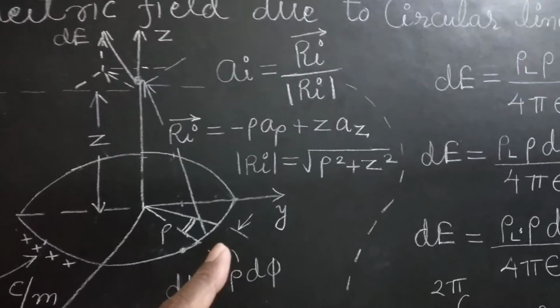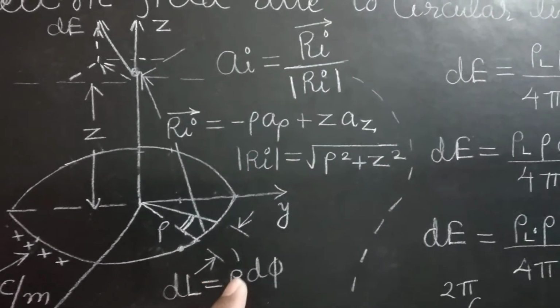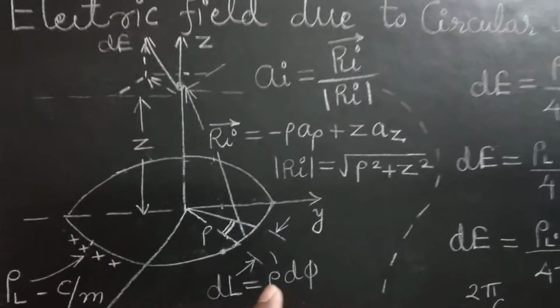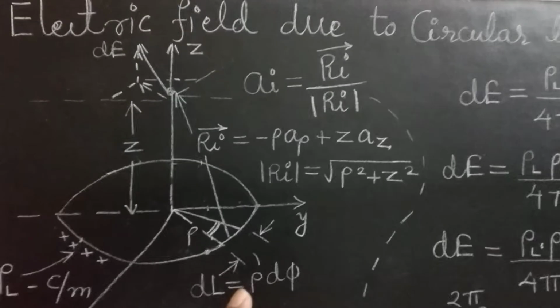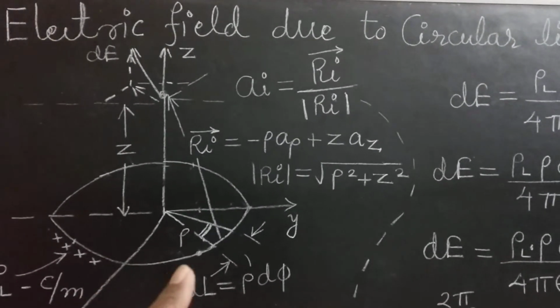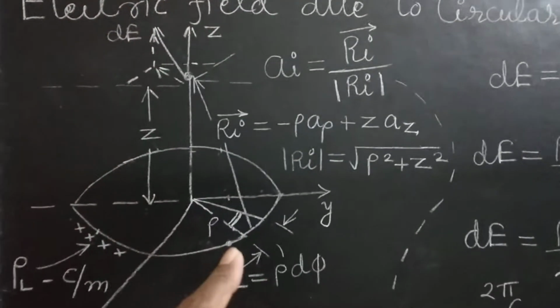If you see this small distance, it will be rho d phi, so dl will be equal to rho d phi. The logic for this derivation is that we divide this circular ring into very small portions.